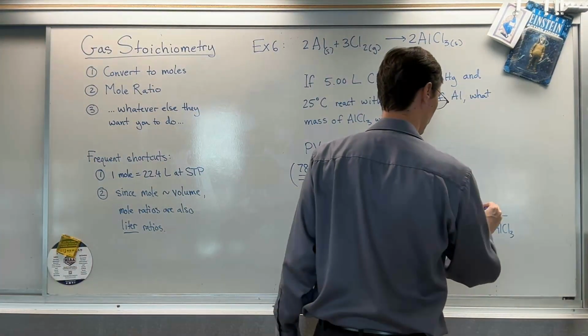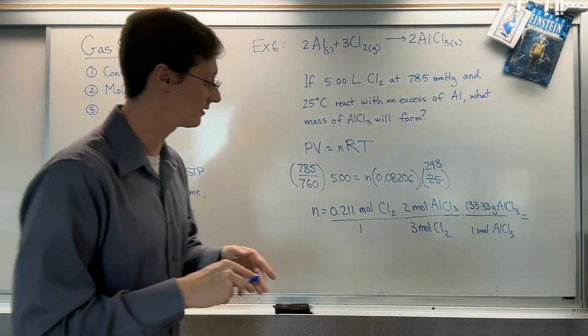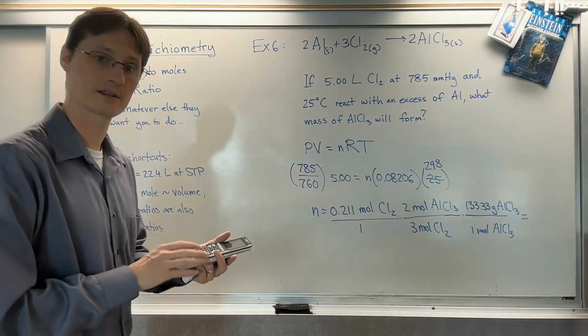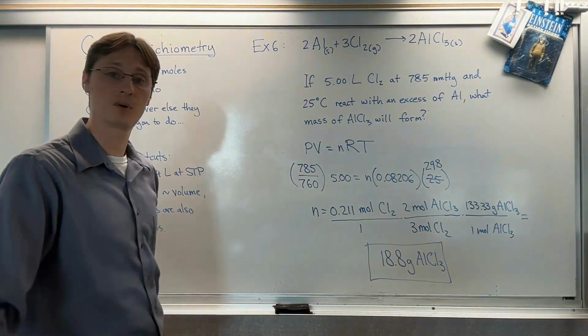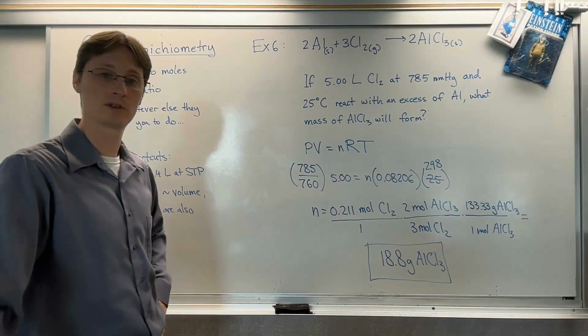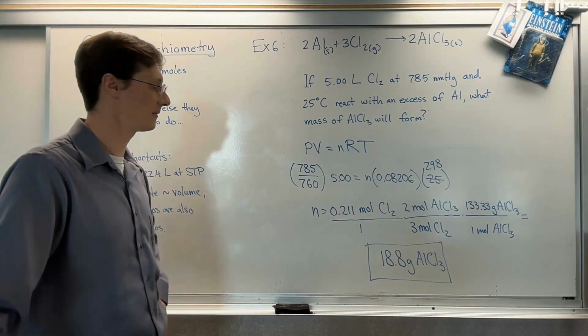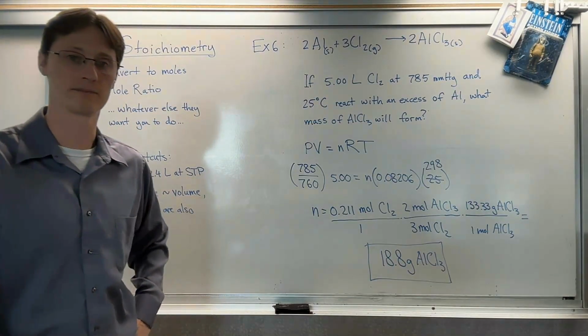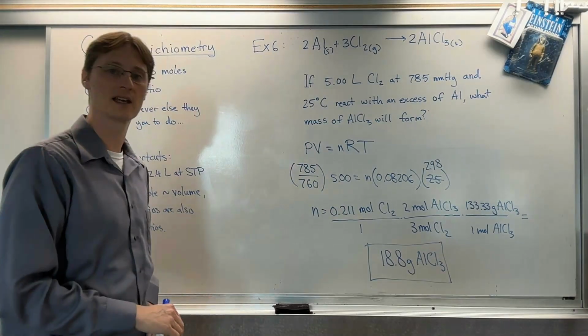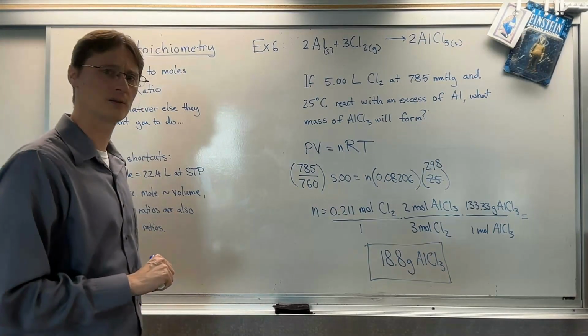Wow. All right, and the calculator says the answer is apparently 18.8 grams of aluminum chloride. Again, unless I messed up my sig figs or have a wrong value or something. That is, I think, everything with example 6.